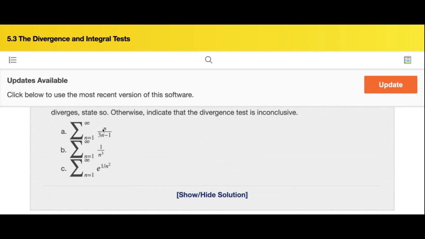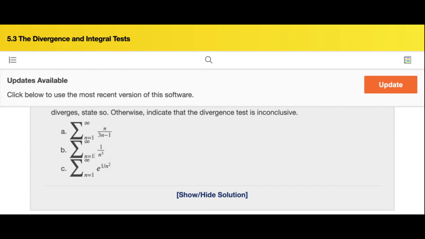We just take the leading term, or divide by n: n divided by n is 1, 3n divided by n is 3, and -1 divided by n is -1 over n, which approaches 0. So the limit is 1/3, not 0. So this series diverges.